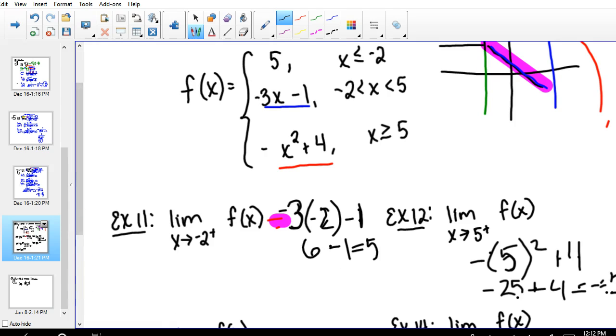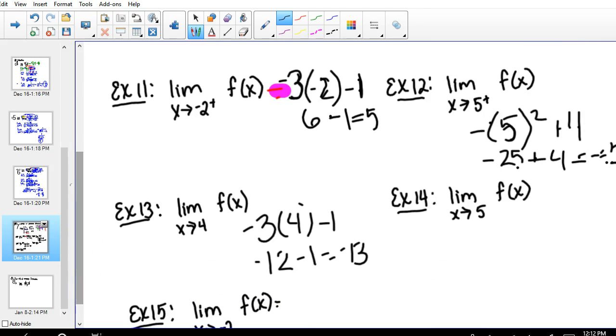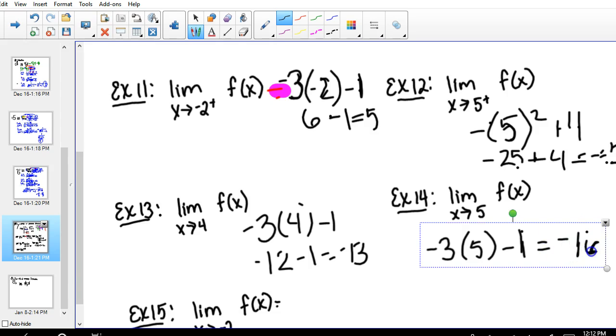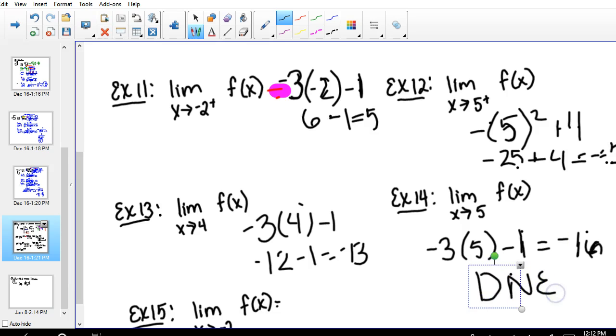So if you do negative 3 times 5 minus 1, you're going to get negative 15 minus 1, which is negative 16, which does not equal negative 21. So that one is going to be does not exist. So if you get a piecewise function and it's a limit from both sides, you're going to plug into both equations and they have to match to have that limit.